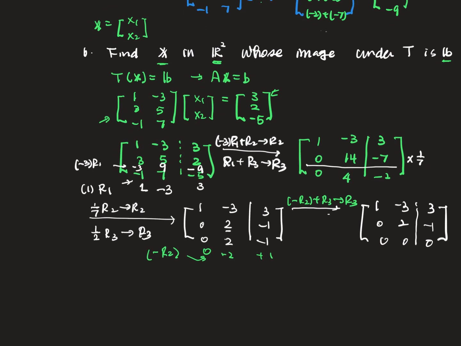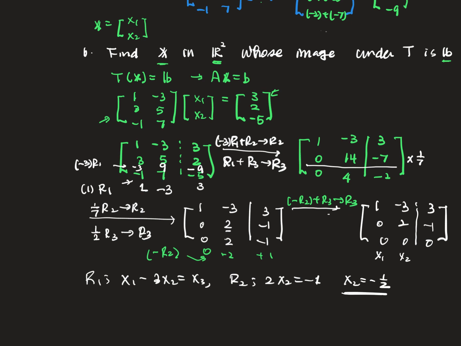When you see it, guys, here is x1, here is x2, right? So the equations: row 1, you have x1 minus 3x2 equals 3. Row 2 is going to be 2x2 equals negative 1, right? So x2 is negative 1.5. So you find this one.